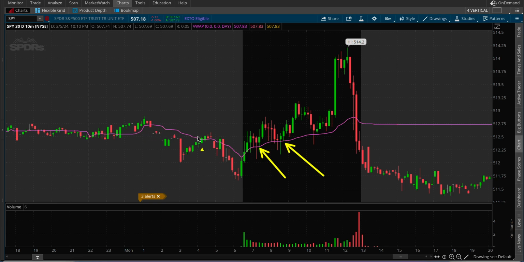Of course, before market open, it was trading below, because pre-market you don't want to pay attention too much to it. But as soon as the market opens, you can tell when people come in, when volume comes in, when the actual trading hour starts, you want to pay attention to it. And you can see every time it touched this level, it was acting as a support.